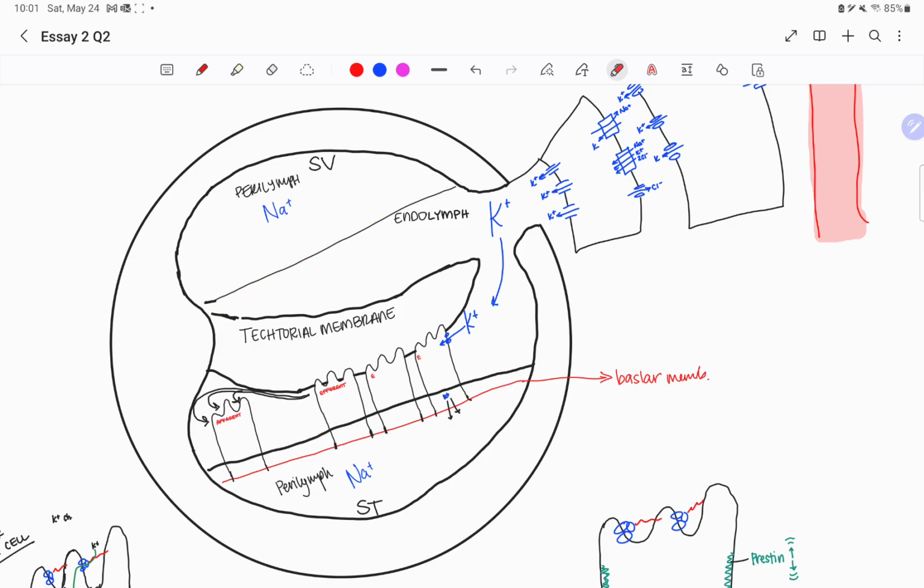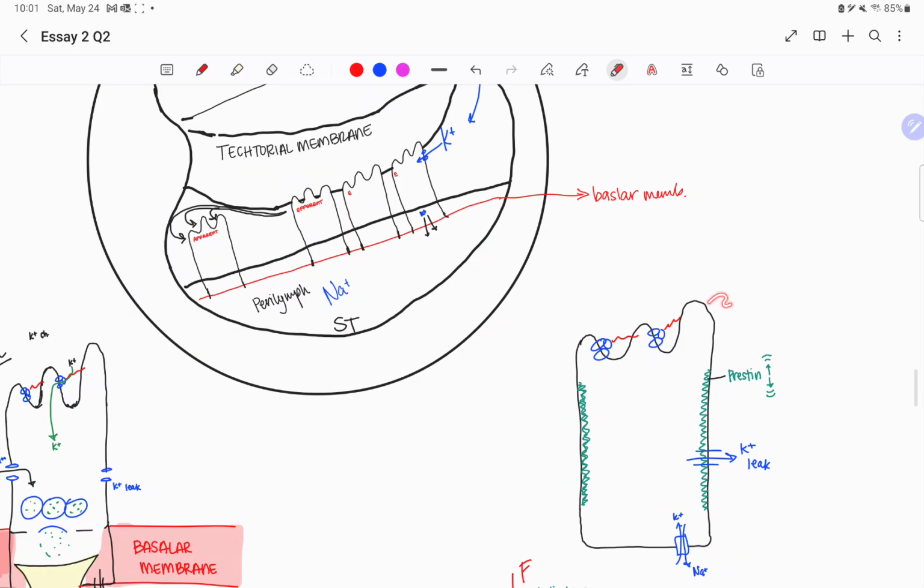Now what's really cool about this is the endolymph, what's inside the cochlear duct, is high in potassium. So as the waves come through this scala vestibuli and cause some vibration through here, we get some movement of these hair cells. And like I talked about earlier, as one of these hair cells gets bent, it pulls on this chain, opens up the gate, and then potassium rushes into the cell, depolarizing the cell.